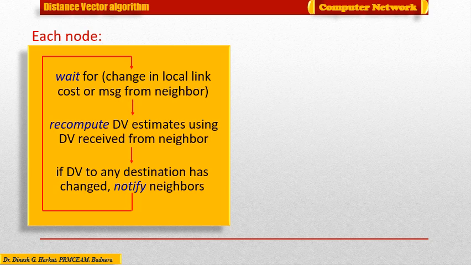In the recompute state, upon occurrence of a change either in its own local link cost or a message from its neighboring node, it recomputes the distance vector accordingly by taking into consideration the latest updates. In the notify state, once the new distance vector is computed, it notifies the changes to all its immediate neighbors.